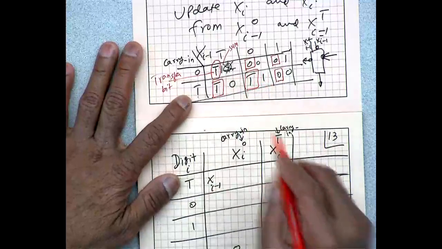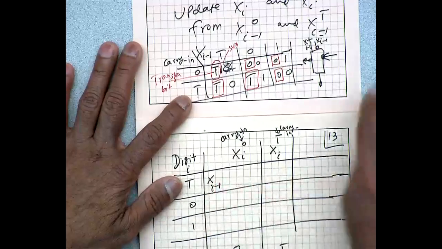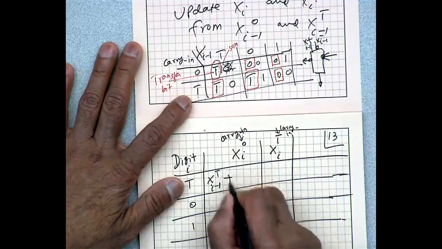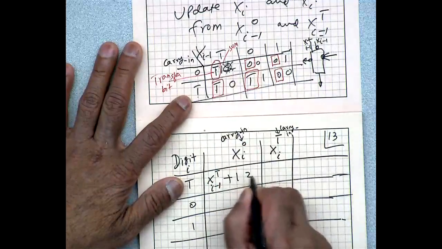So that would be xi minus 1 1 bar, plus this 1 times 2 to the power minus I.